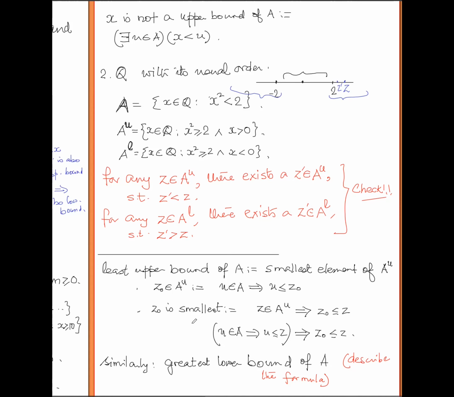Z naught prime being least says Z naught prime is less than or equal to Z naught. So antisymmetry forces that they are equal. So if it exists, it's unique.